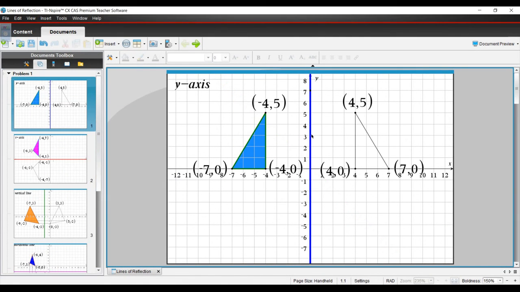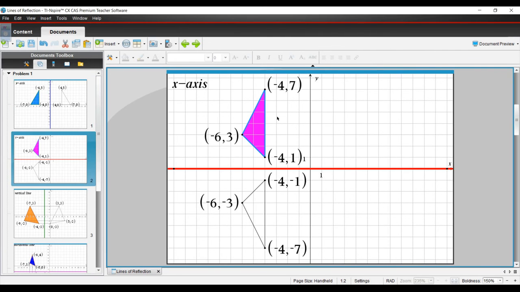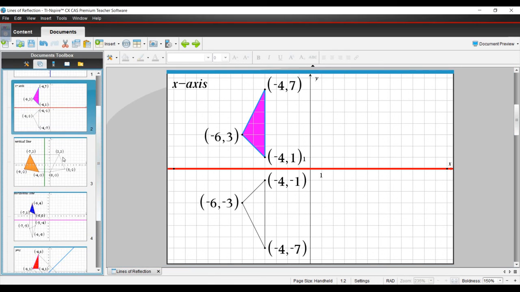We started off with the y-axis, and on the y-axis we said that the y values are the same and the x values are the opposite. Then we went to the x-axis, and for the x-axis, those x values are the same, but the y values are the opposite.